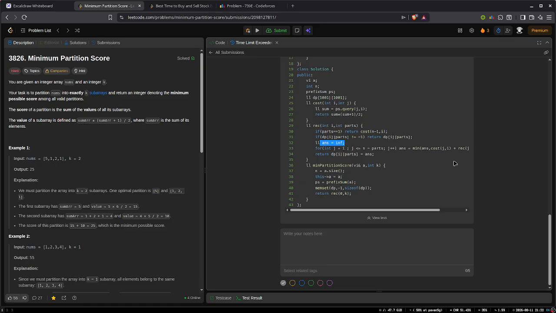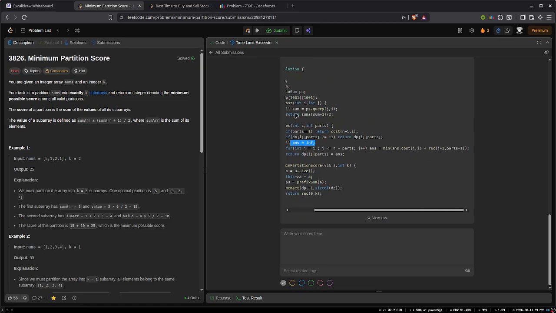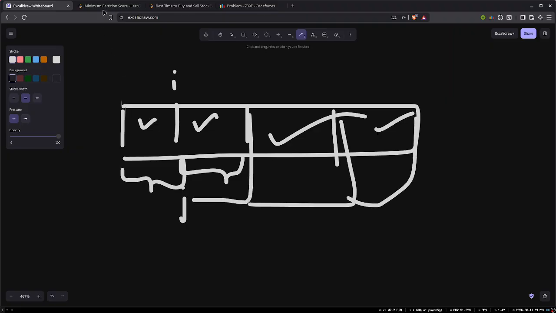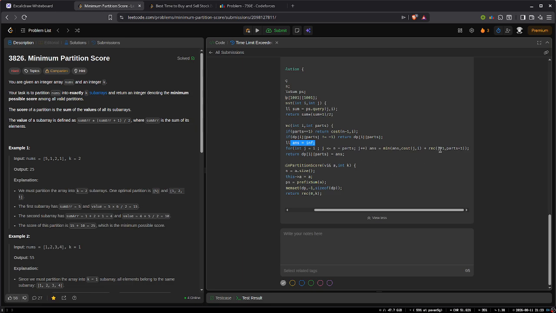Till some i it's all parted. So let's take some j starting from here, pick whichever is the optimal partition. From that j plus 1 index, the next partitions would start, and the remaining partitions would be parts minus 1.